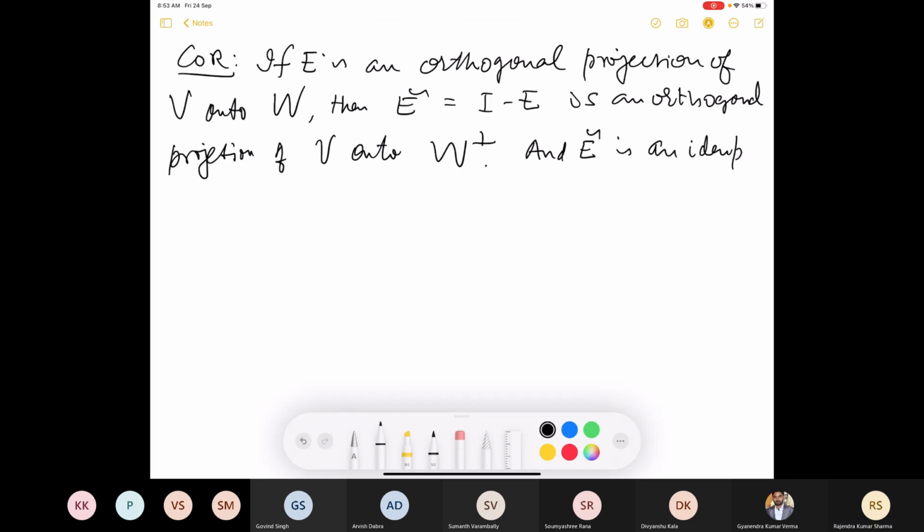That means E tilde squared equals E tilde.